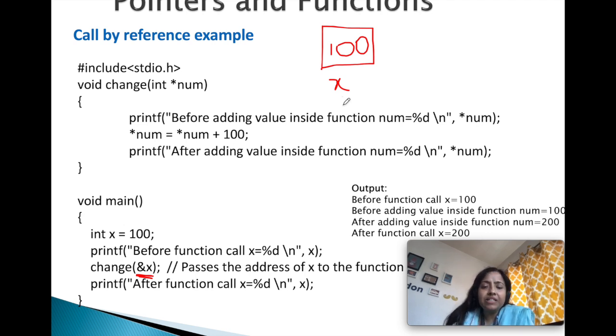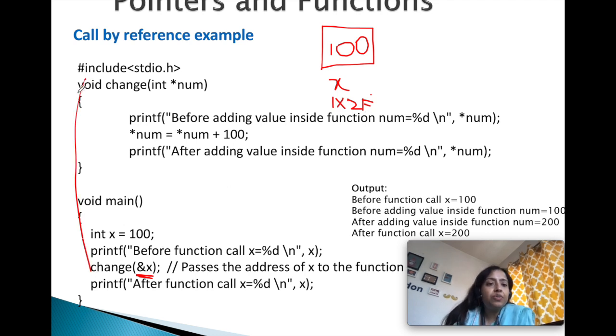I am not taking an exact hexadecimal number, I am just writing an example number, for example 1x2f. Suppose this is actually the address of this variable x. What did we send inside change as a parameter? We have sent the address of x, that is 1x2f.